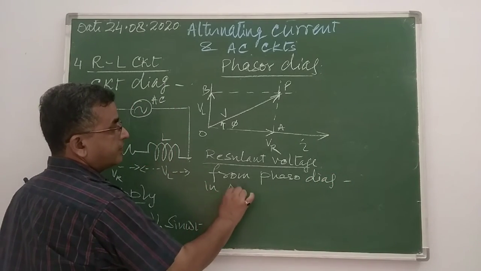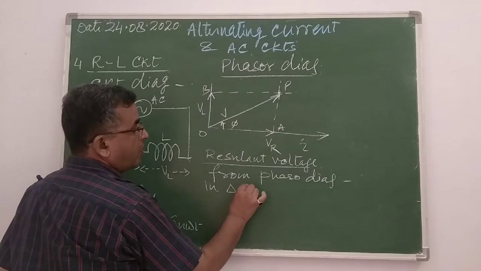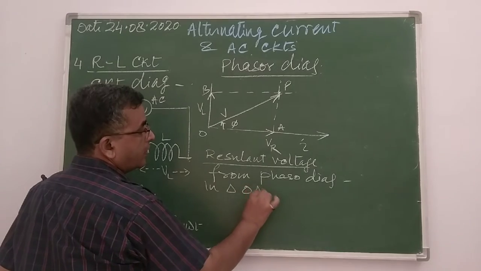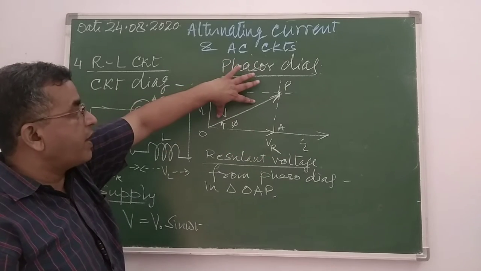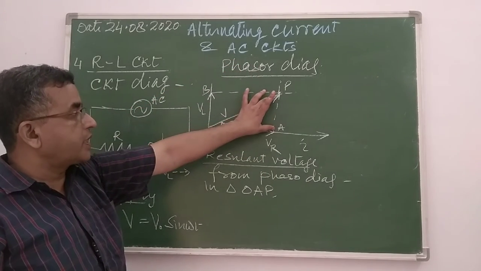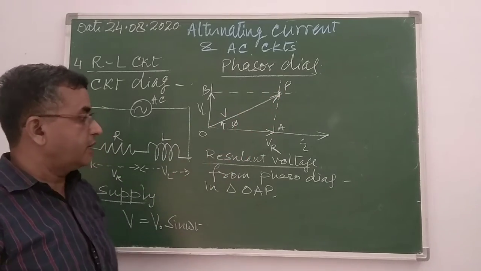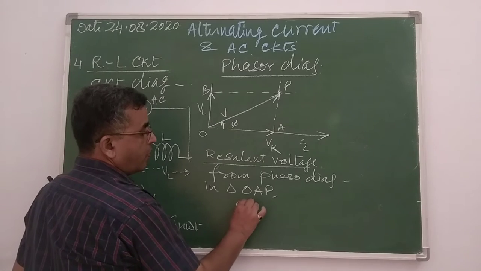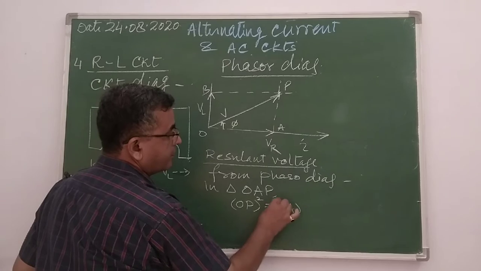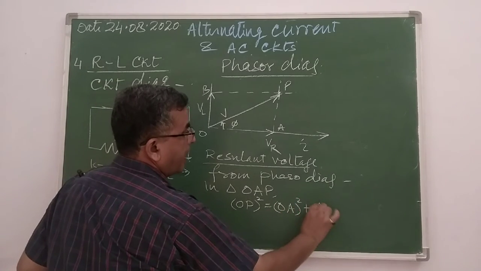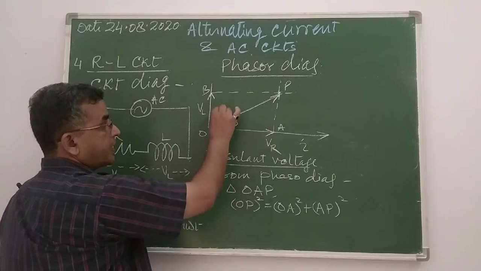So from the phasor diagram, in triangle OPA or OAP, from the Pythagoras theorem, the square of the hypotenuse equals the sum of the squares of AP and OA. So OP square equals OA square plus AP square. This OP is the resultant voltage.